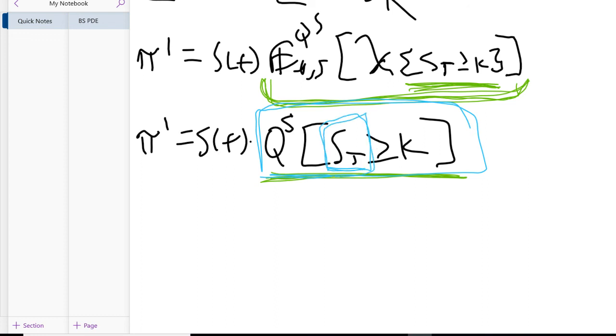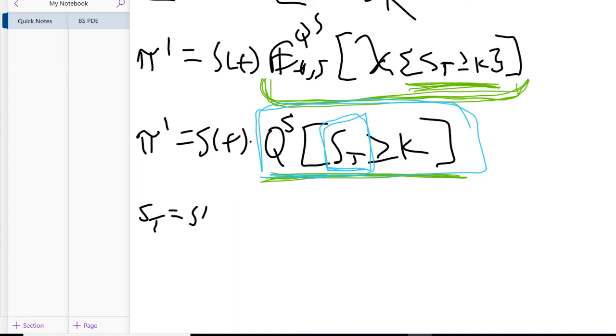If you remember from the last video, we solved what the dynamics look like under the measure QS. We saw in the second video, the Girsanov video about change of measures, what the dynamics were. In the last video, we saw what the solution ends up being. I'll write it here so I don't have to go back up.